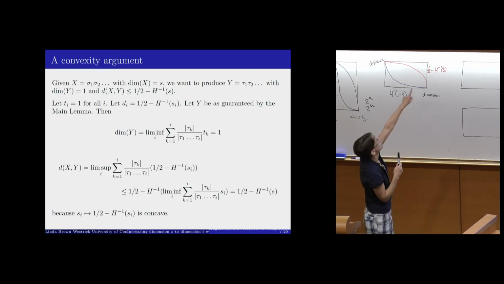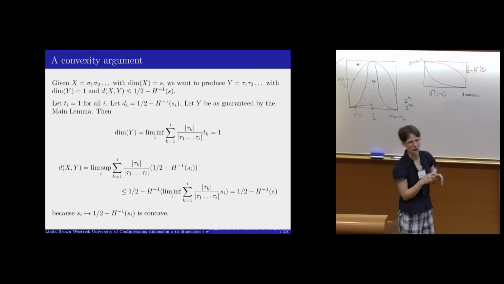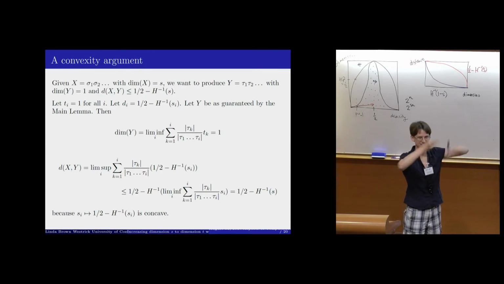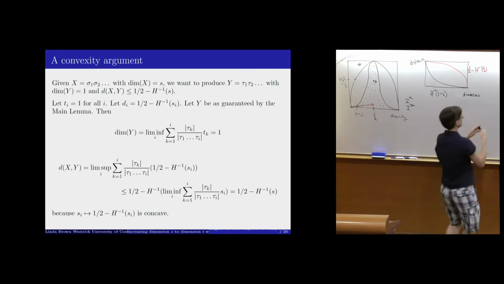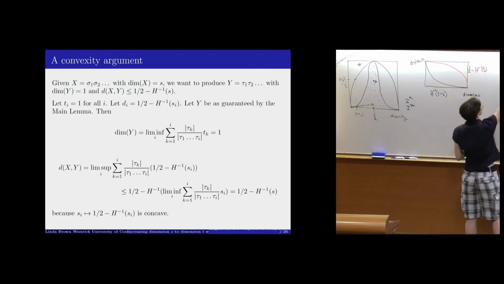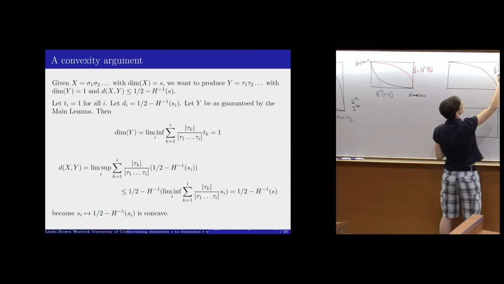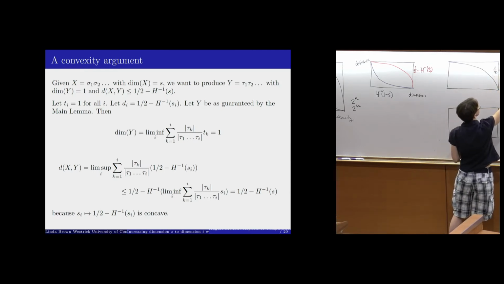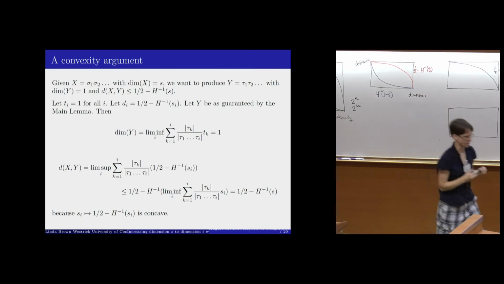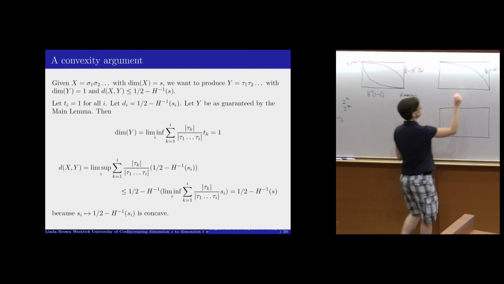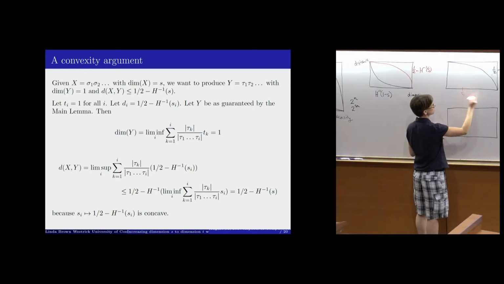Right? So if x gives us some sigma that happens to have a small effective dimension, then we're going to use a big d to bring it up to 1. And if it gives us a pretty good effective dimension, we're just going to use a small d to bring it up to 1. So just drawing again this curve that we're using, this 1/2 minus h inverse of s, you can see that what's happening is that the opponent basically gives us these chunks, S1, S2, S3, right?